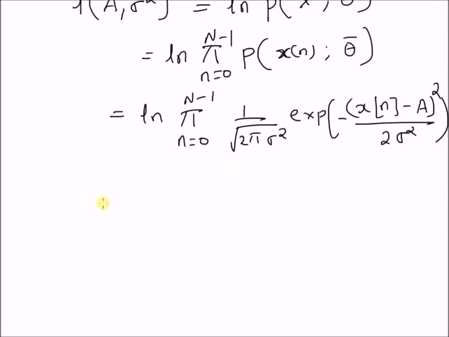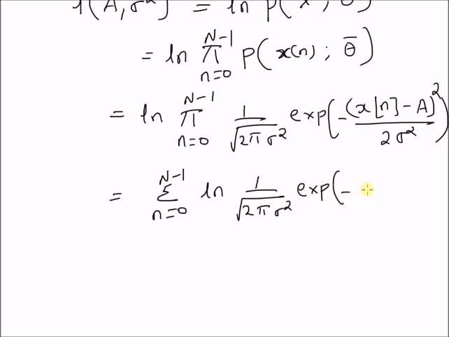Upon simplification, this becomes summation n equal to 0 to N minus 1, because the logarithm of a product becomes a summation of the logarithm. So this becomes summation n equal to 0 to N minus 1 of log of 1 by square root of 2 pi sigma square, exponential of minus x of n minus a whole square divided by 2 times sigma square.